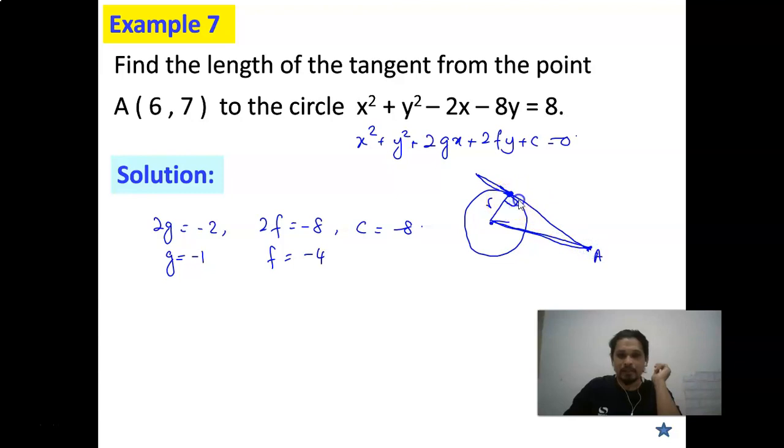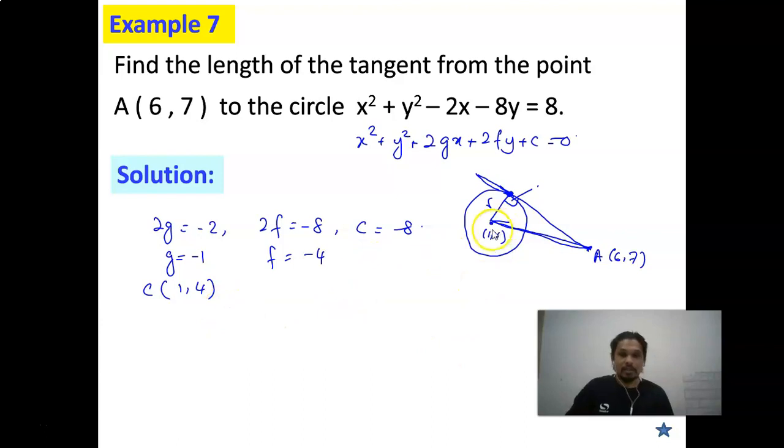And this gives us the form of a 90 degree angle. At the point A, which is (6, 7) here, the center of this circle is (1, 4). The center is (1, 4).